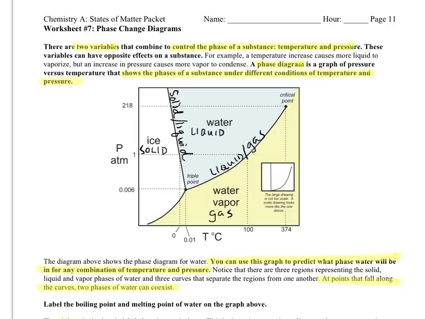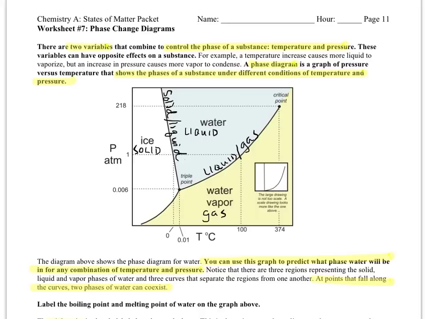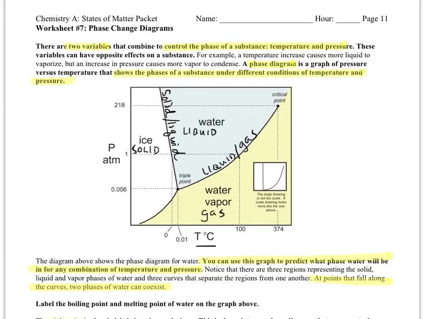So this phase diagram graph that we're looking at here is really a graph of temperature in degrees Celsius versus pressure in units of atmospheres. Okay, so some things to keep in mind as we look at this graph, just for reference, room temperature is between 22 and 25 degrees Celsius.